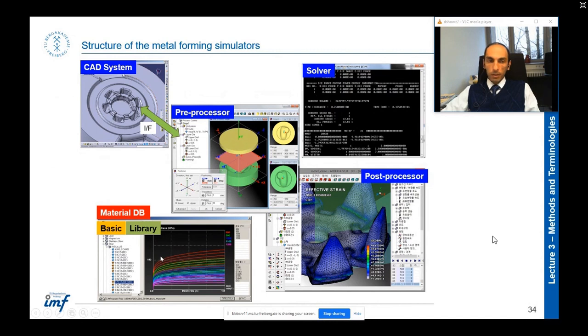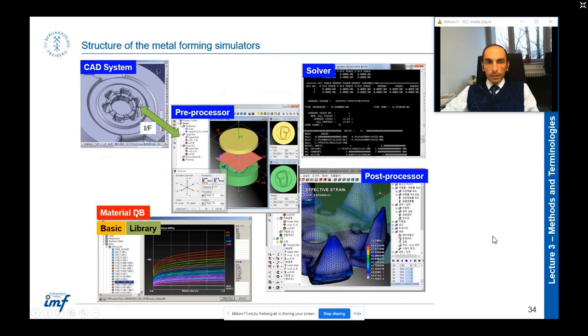Next week, I will talk about the price of this software, because it's better for you to have an estimation of the price of the software we use for simulation. I think in the final part of the lecture next week, I will introduce a few famous software in metal forming, and I will give the approximate price.